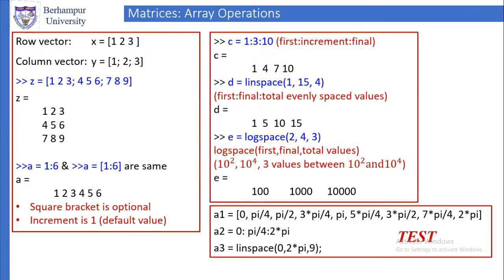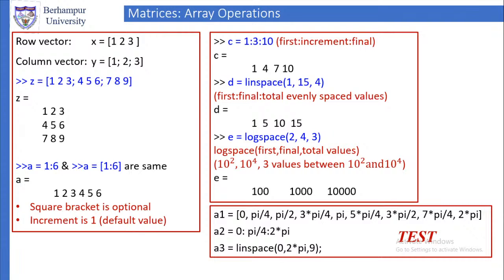Now let us say we have a row vector defined as x is equal to 1, 2, 3. So the vector x has 3 elements, 1 row. Similarly, we have a column vector defined as y is equal to 1 semicolon 2 semicolon 3. So we have 2 vectors.